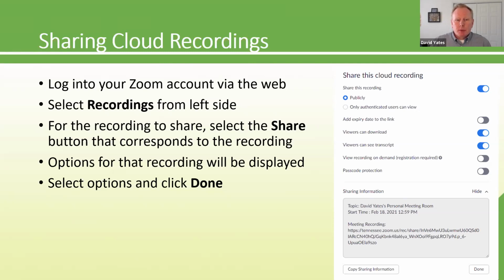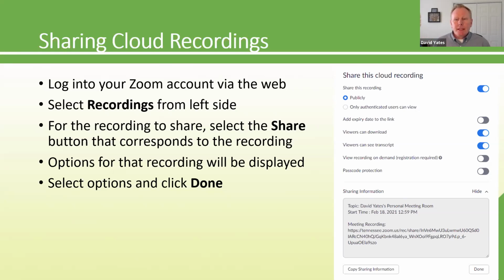And you can switch between what's done locally and what's done in the cloud. If we're looking at our cloud recordings, look at the recording that you would like to share, and then select the share button that corresponds to that recording. They're going to be in a list horizontally, and you'll click the share for the particular one.